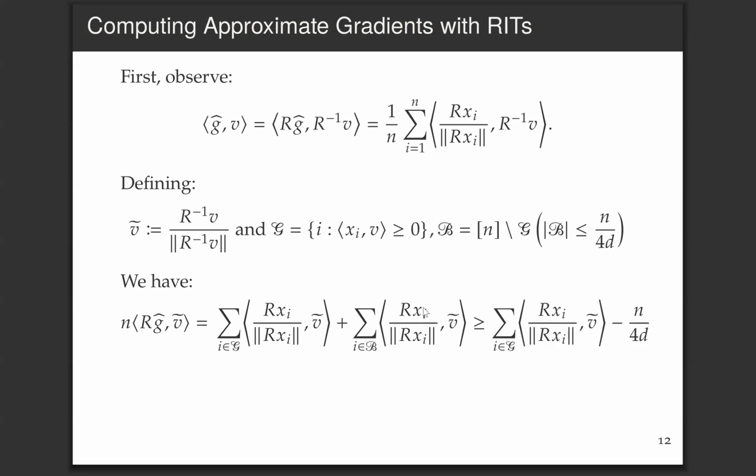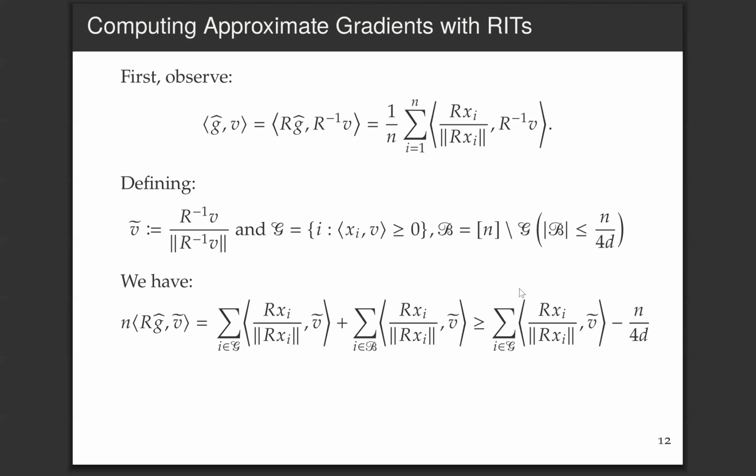Note that in the second term, each of these inner products is of value at most 1 due to the Cauchy-Schwarz inequality and the fact that each of these vectors is bounded by 1 in Euclidean norm. So by Cauchy-Schwarz, each one has magnitude at most 1. And since the size of B is at most n over 4d, the negative term is going to be greater than minus n over 4d.